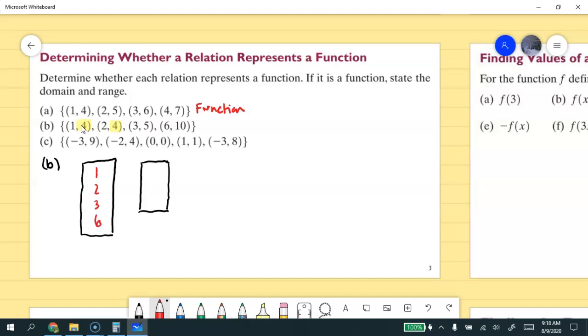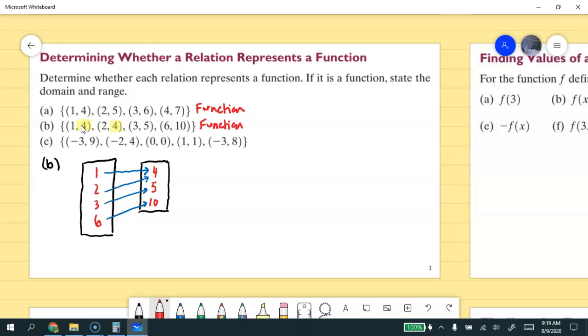And for the y's, you've got 4, 5, and 10. Notice how the 1 goes to the 4. There's no problem with that. The 2 goes to the 4. There's no problem with that. The 3 goes to the 5, and the 6 goes to the 10. So there is no issue here, and this is still considered to be a function.